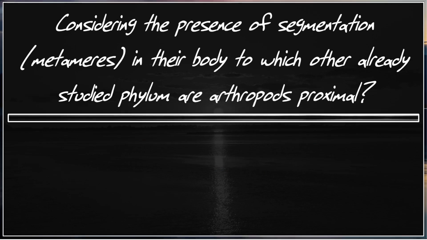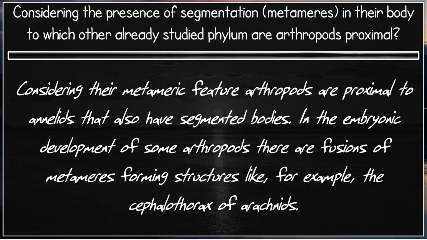Considering the presence of segmentation, that is metameres, in their body, to which other already studied phylum are arthropods proximal? Considering their metameric feature, arthropods are proximal to annelids that also have segmented bodies.